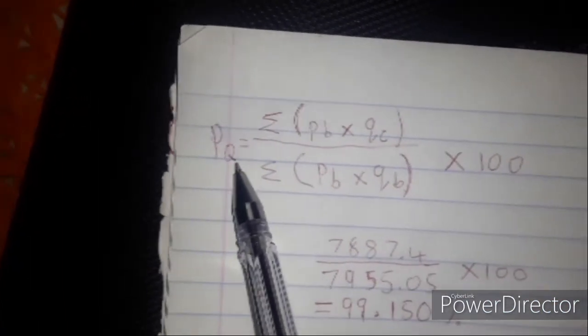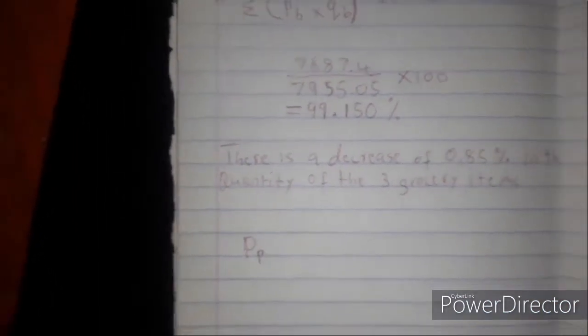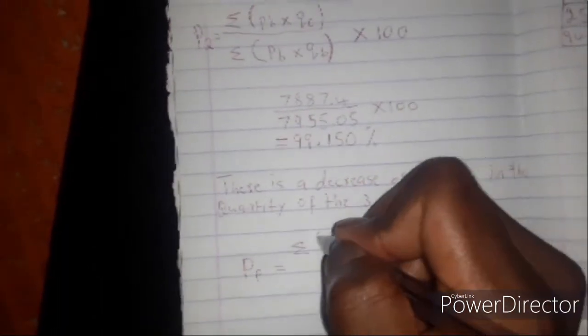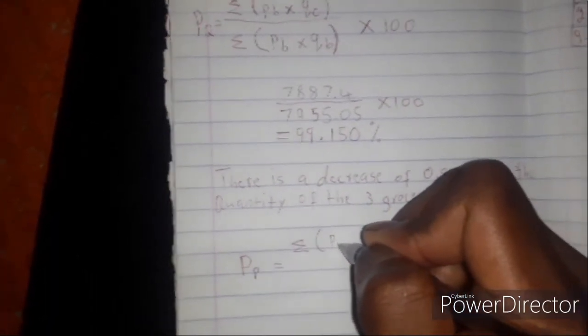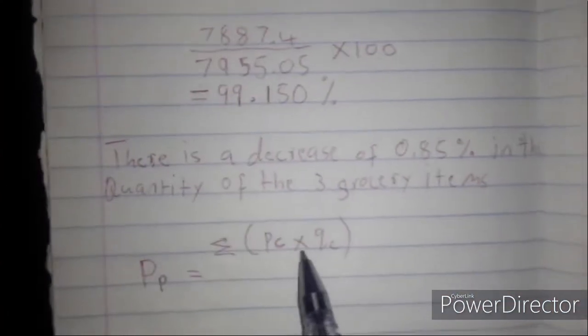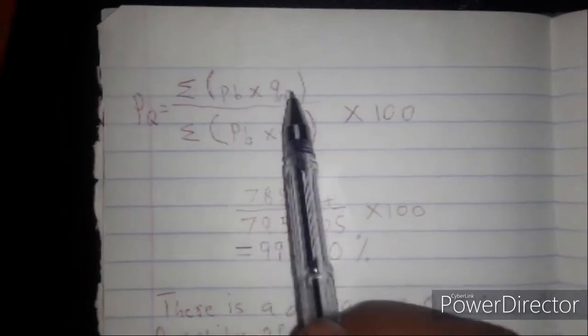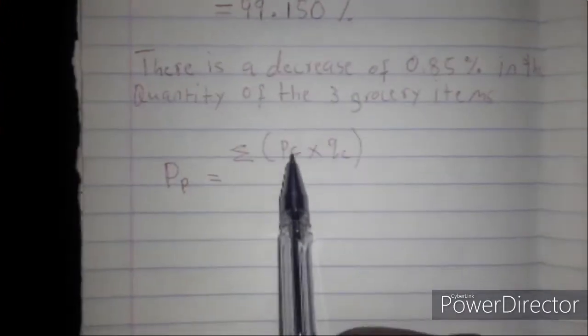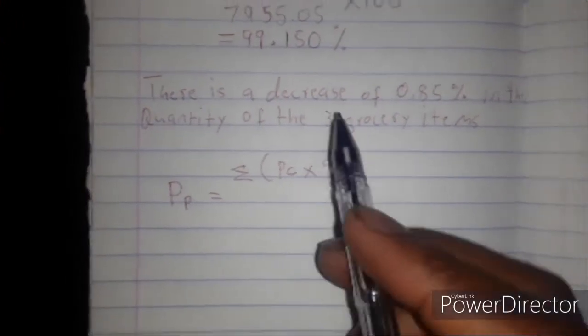This was the past quantity index. So it's equal to the sum of PC times QC. You see, the formula is not the same. Here there was PB times QC, but here there's PC times QC.